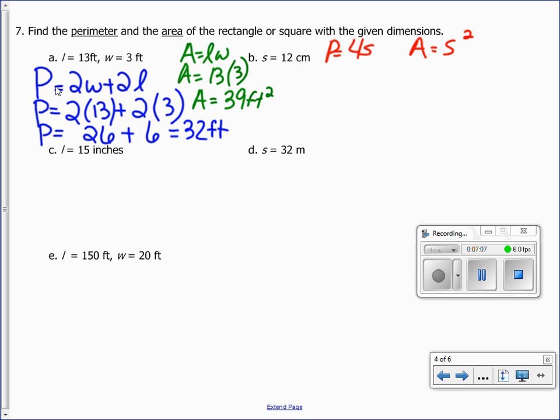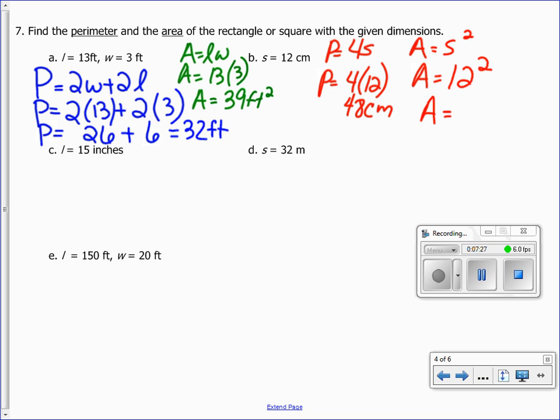So the side of this square is 12, and 4 times 12 is going to be 48 centimeters for the perimeter.